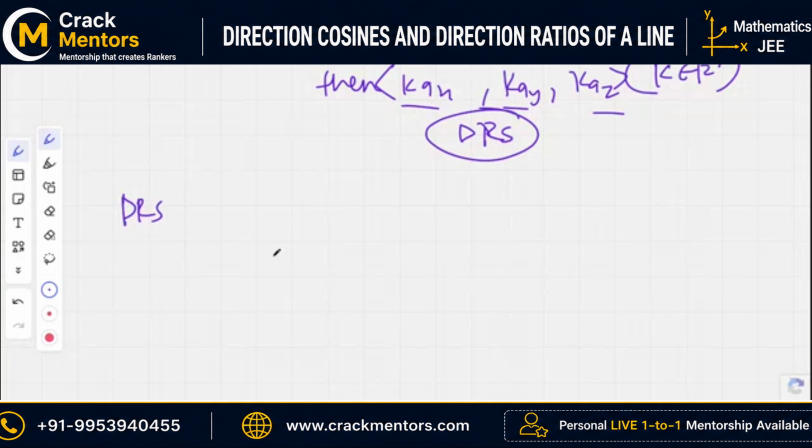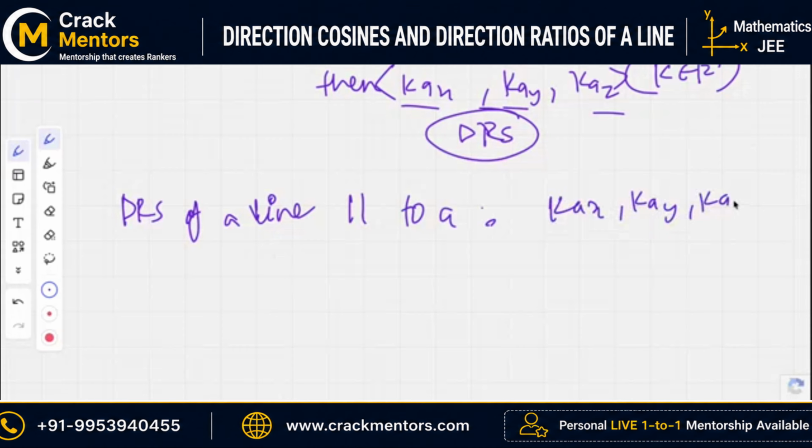Let's say you have to write direction ratios of a line parallel to a. How do you write? kax, kay, kaz. You can take any k here, just that don't take 0. Now you might be wondering, why are we not taking negative k's? Also, do you think 0 comes here or not?